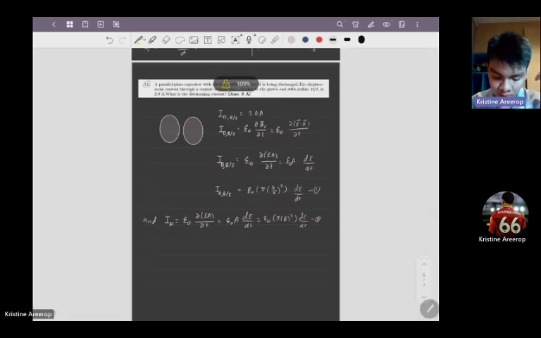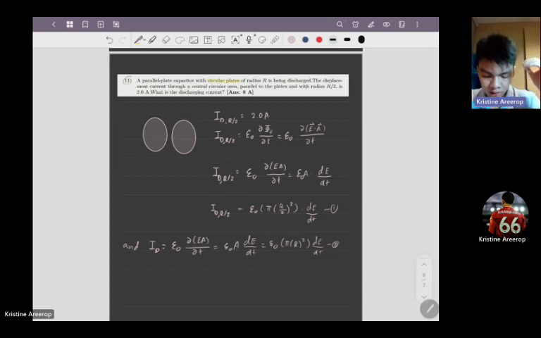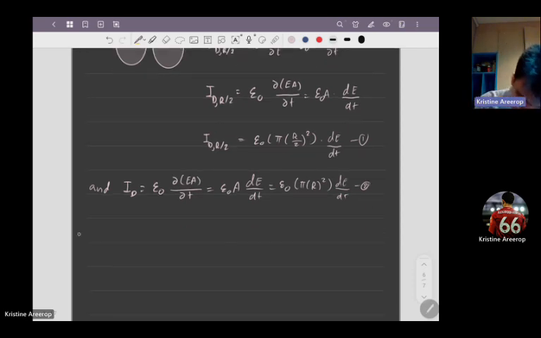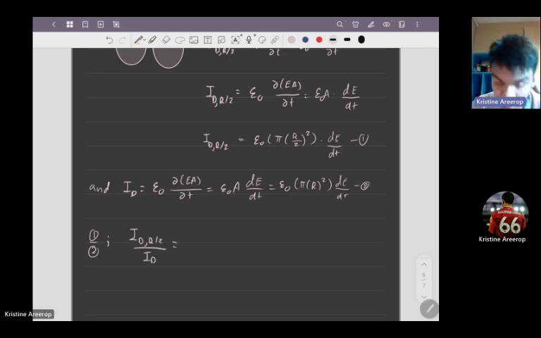The problem doesn't give dE by dt, but it says the rate of change is uniform across the whole plates, so dE by dt is the same. Then the ratio of ID for the half of R to ID equals epsilon 0, and those cancel together. Pi is 2.